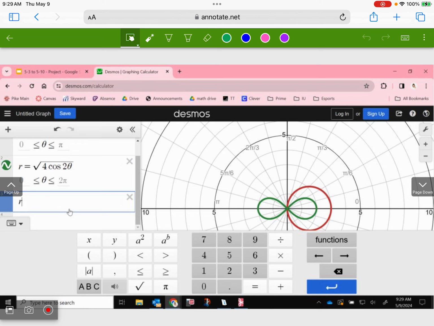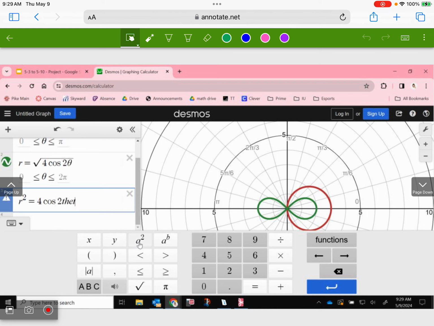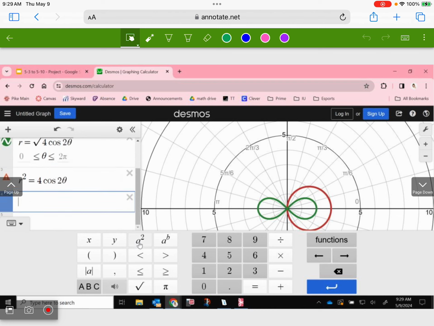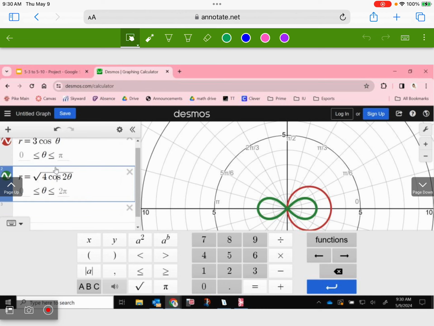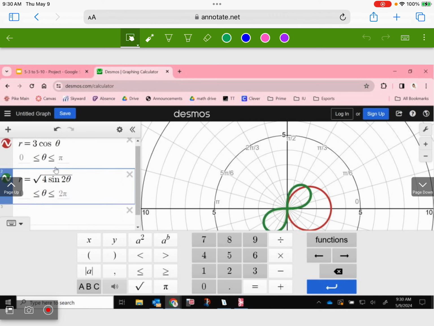Let me try R squared equals 4 cosine 2 theta. It won't let you do it as a square. So for our lemniscates, you have to put them in as a square root like this, but it'll still let you do it. I could even do it as a sine instead of cosine and get it to twist.